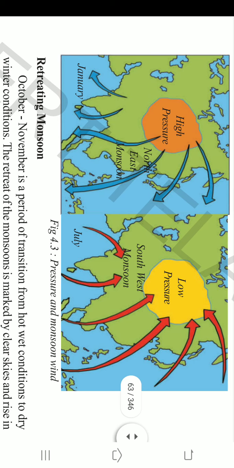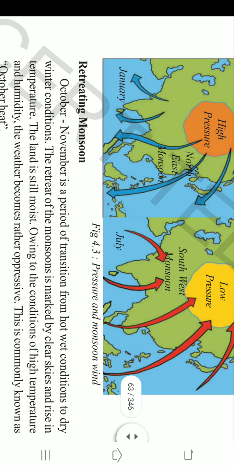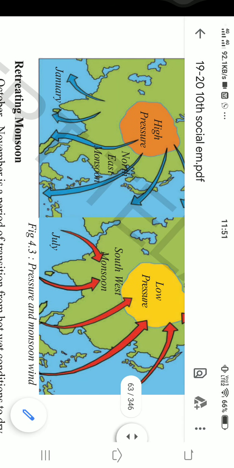southwest. Look, my dear students, this is a figure. See in which direction these red color arrow marks are appearing. It is July. In the month of July, it is given that it is the southwest direction. So, advancing monsoons start blowing from the southwest direction.